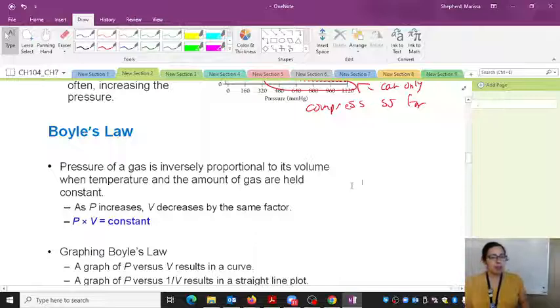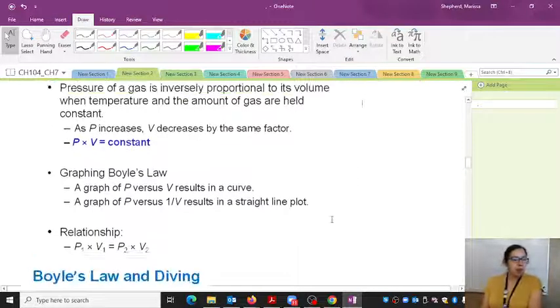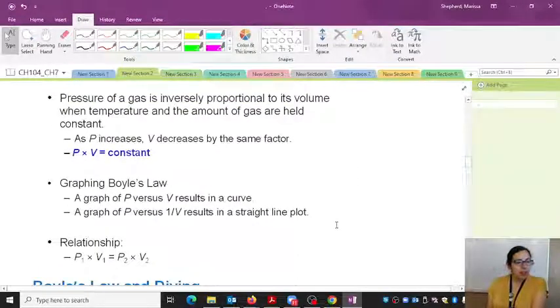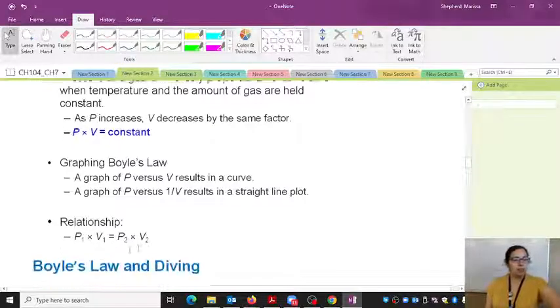And so now we have our relationship and equation that we're interested in. We know that pressure times volume always remains constant. So therefore we get this relationship of P1 V1 equals P2 V2.